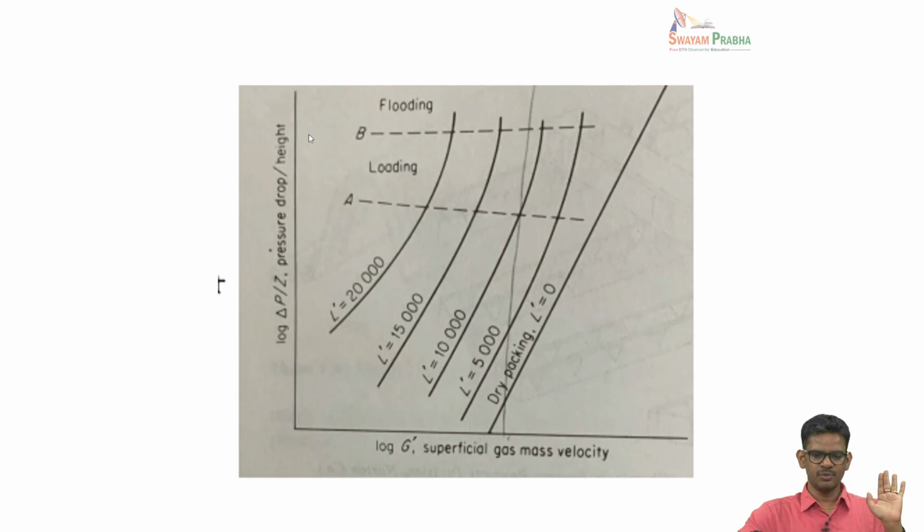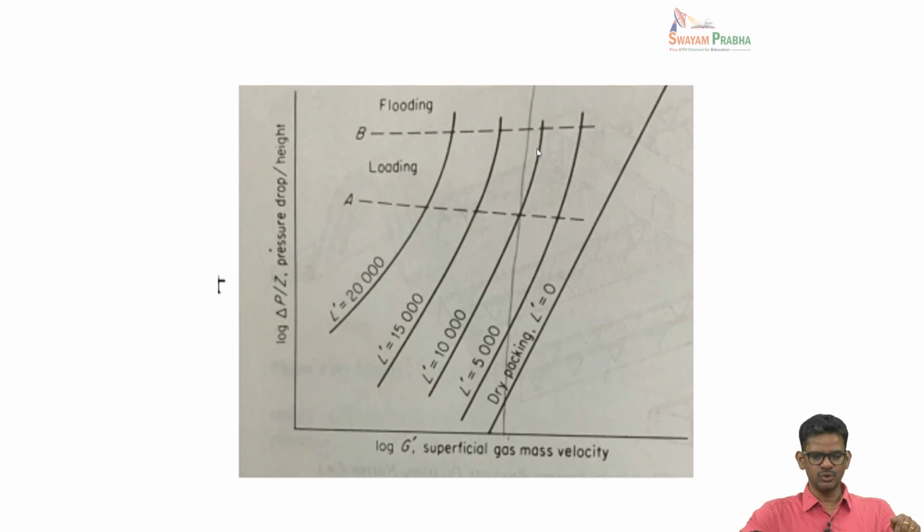Suppose I take the line B here, that is the pressure drop corresponding to flooding, and you have to operate always below that pressure drop. Generally the design specification will be to operate the column at 80% of the flooding pressure drop. So you first find out the pressure drop corresponding to flooding, and take 80% of that pressure drop. That line will be somewhere here maybe.